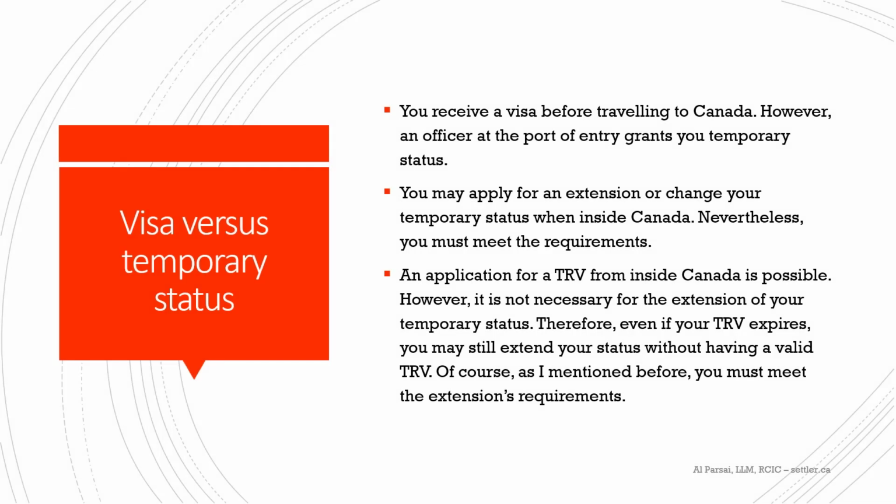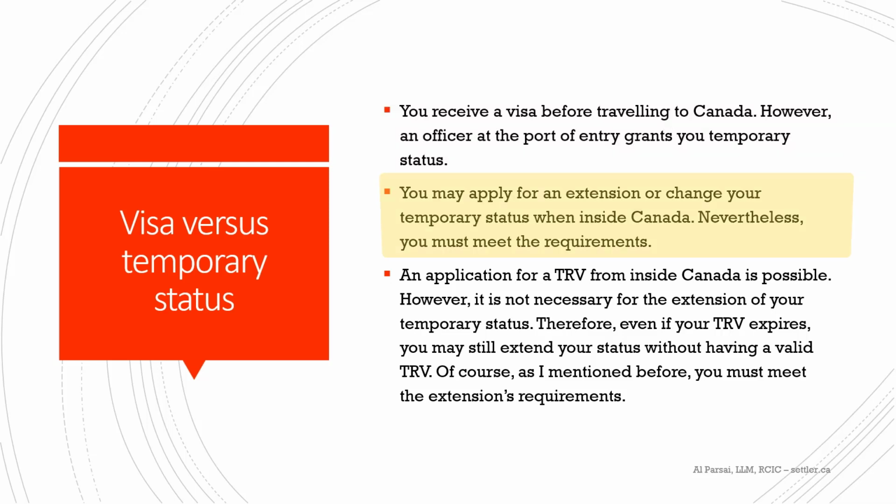Just to recap, visa is for traveling or entering Canada, and legal status occurs only when at the port of entry an officer allows you to remain in Canada, or somehow you obtain the permission to remain in Canada while you are inside Canada. And this is a huge distinction, because now you know that you receive a visa before traveling to Canada, and at the port of entry an officer allows you to remain in Canada.